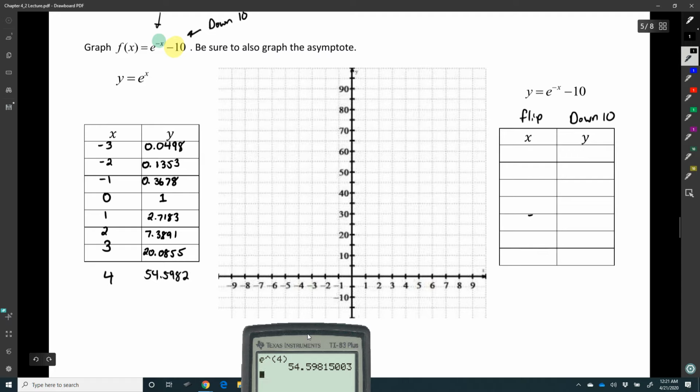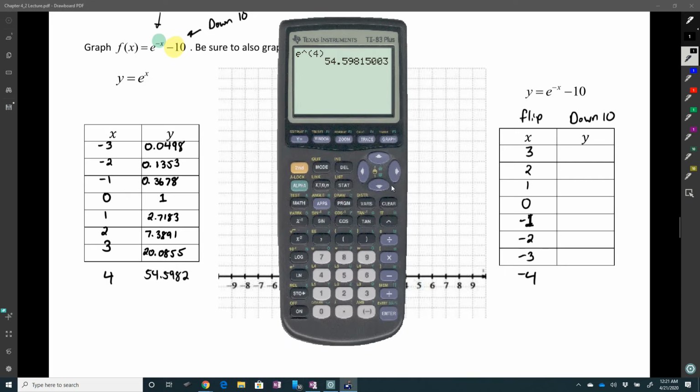All right, so if I flip all these values, this becomes 3, 2, 1, 0, -1, -2, -3, -4. Now down 10. I'm just going to use 2 decimal places. 0.02 - 10 is -9.98, then 0.05 - 10 is -9.95.